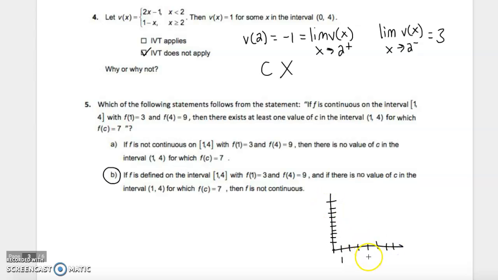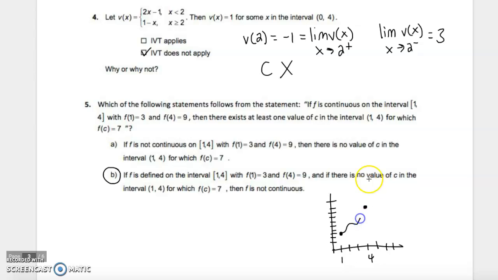Okay, so there's 1, there's 4. F of 1 is 3. 1, 2, 3. F of 4 is 9. Here. And I know my function is defined along the whole path. So I have a whole path of my function, which means every point has a point somewhere. So they have to be connected.